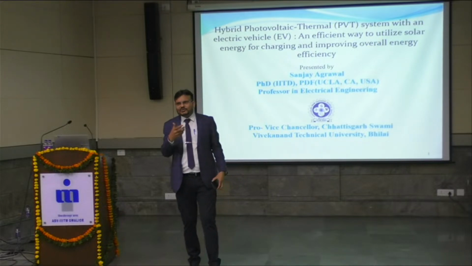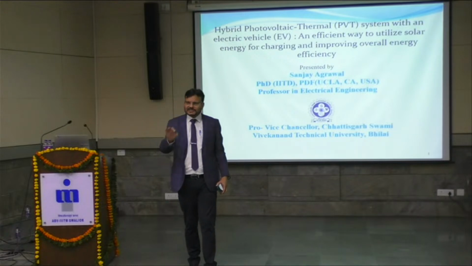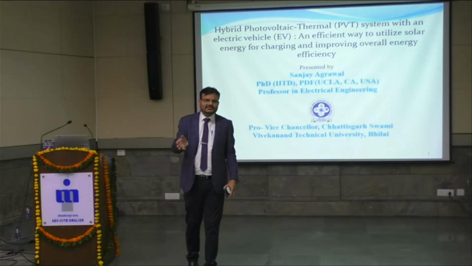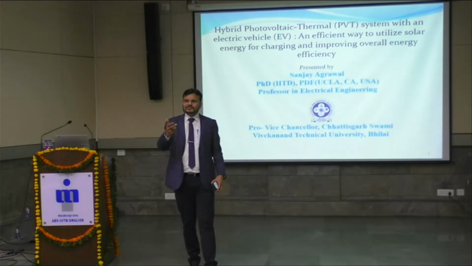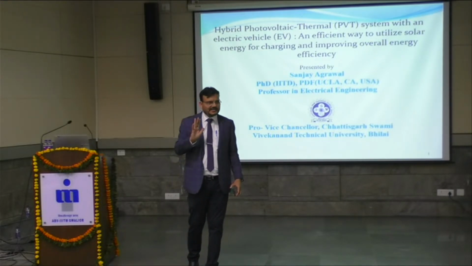If the temperature of the solar cell is decreased, I am not saying it is decreased by 2 or 3 degrees centigrade; just for understanding, we are saying that temperature is decreased. So in reverse, you are able to enhance the electrical efficiency. Am I right?